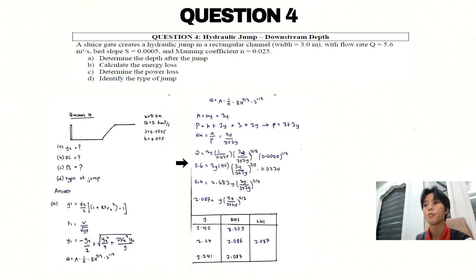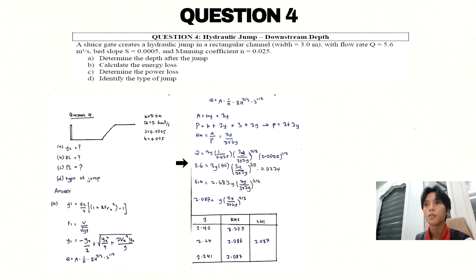And for the formula for Q, we'll be using the usual formula, which is A times 1 over n times Rh to the power of 2 over 3 times S to the power of 1 over 2.